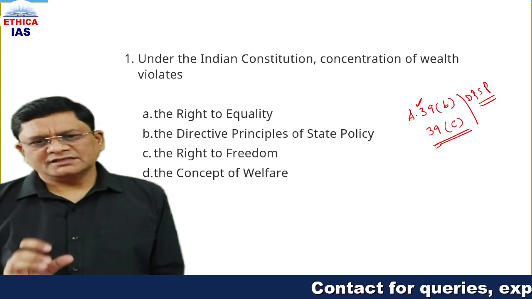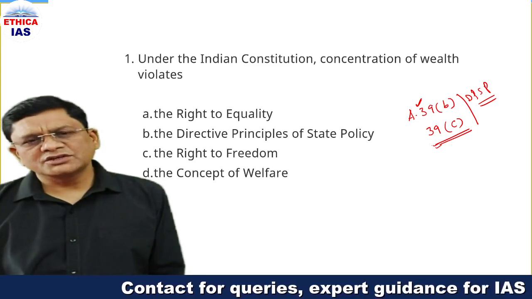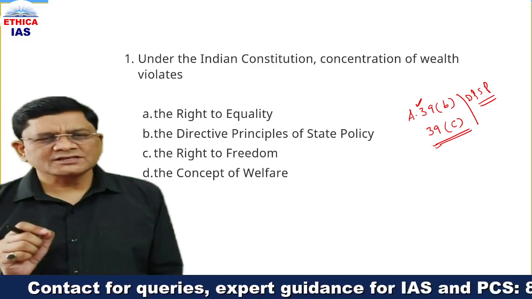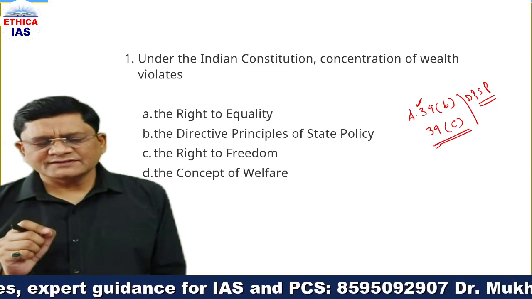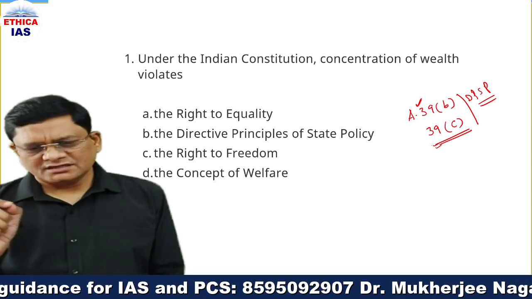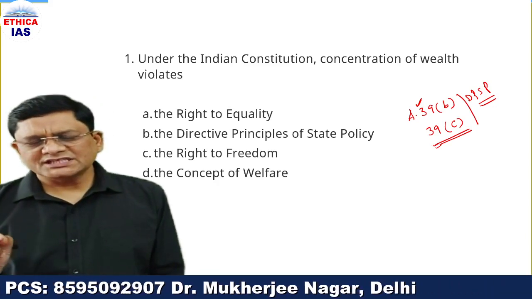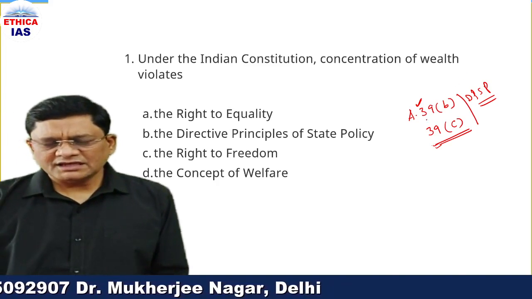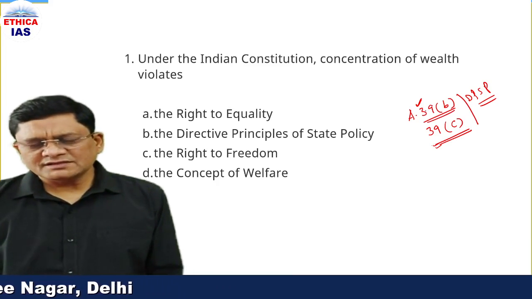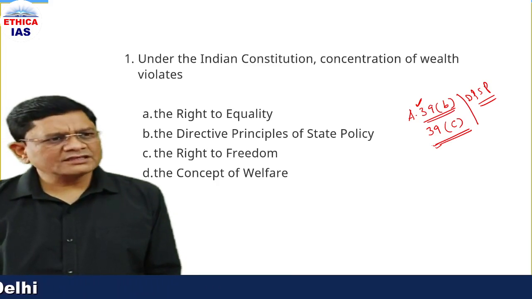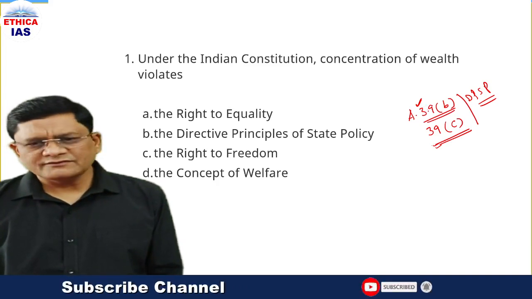Both articles, 39(b) and 39(c), are related to distributive justice of the Constitution. The concept of distributive justice has been adopted in our Constitution, and this concept is given in Article 39B and 39C. 39B is related to distribution of wealth, and it emphasizes equitable distribution of wealth.